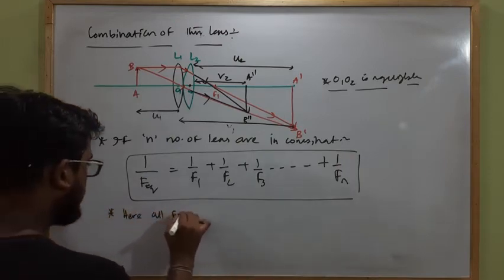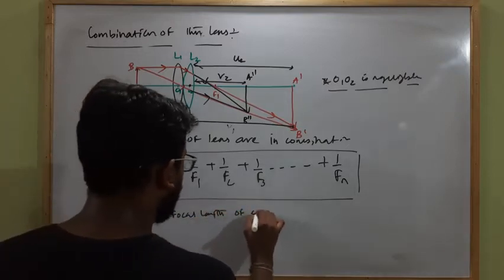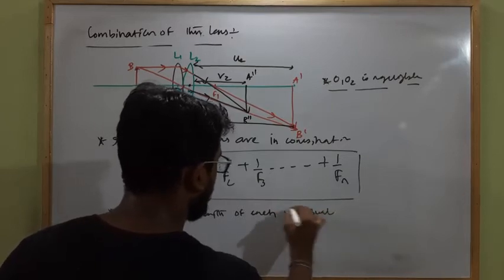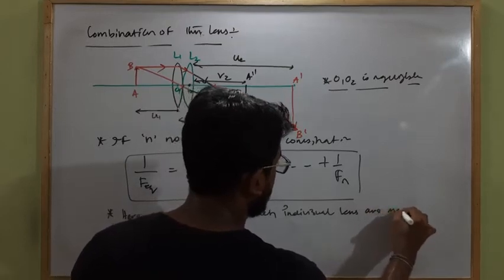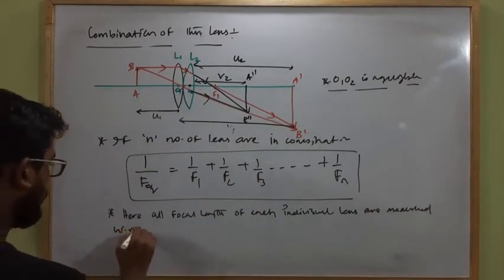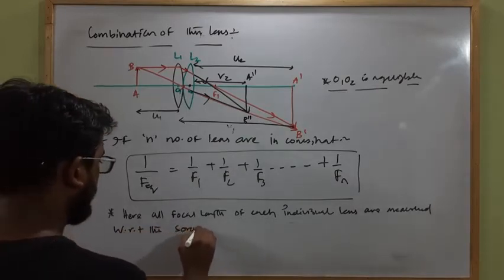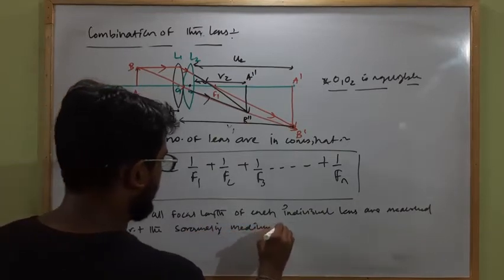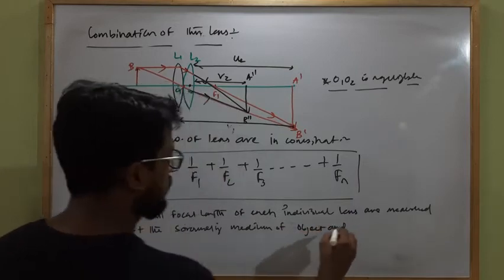All focal lengths of each individual lens are measured with respect to the surrounding medium of object and observer.